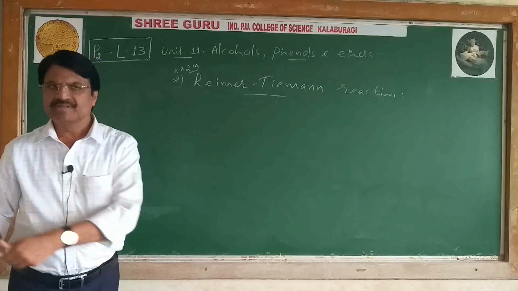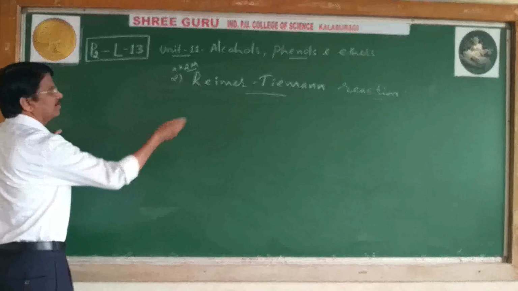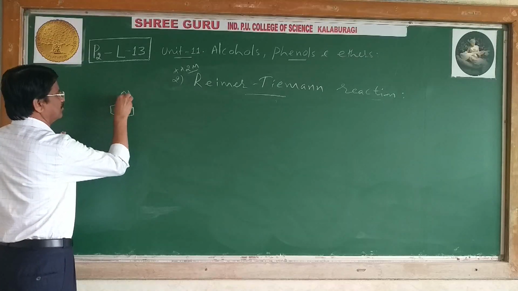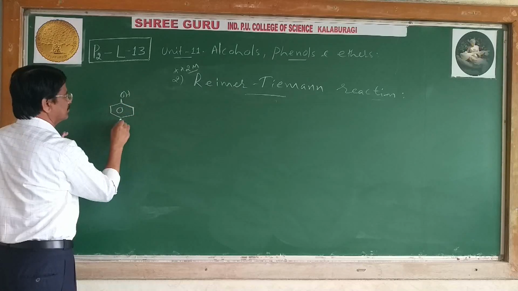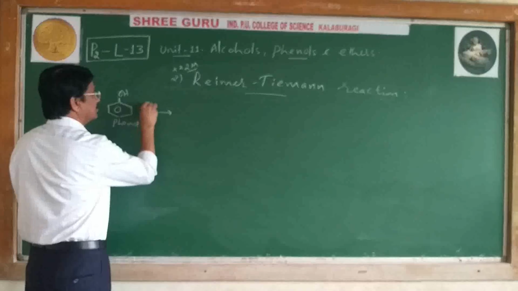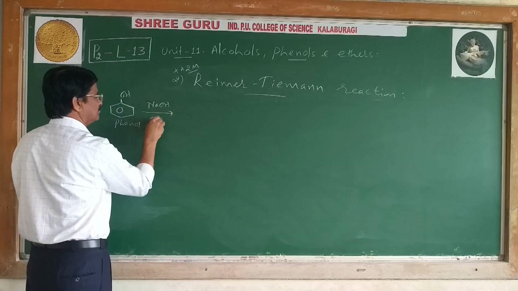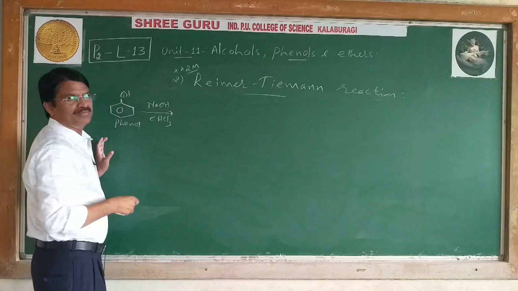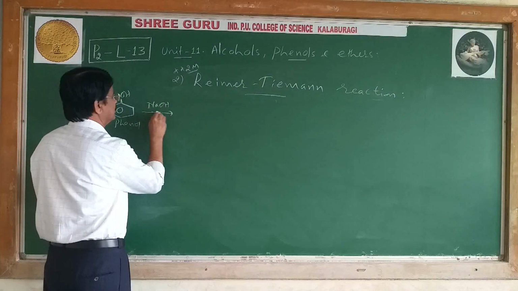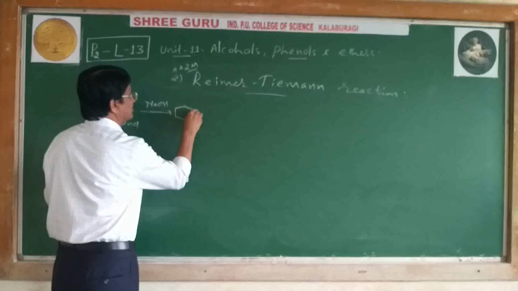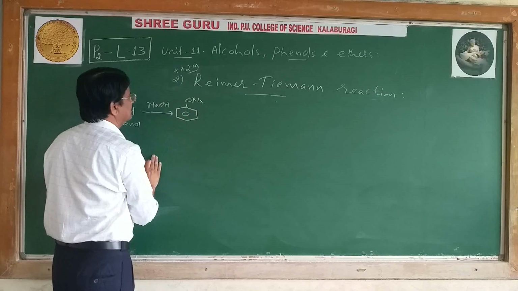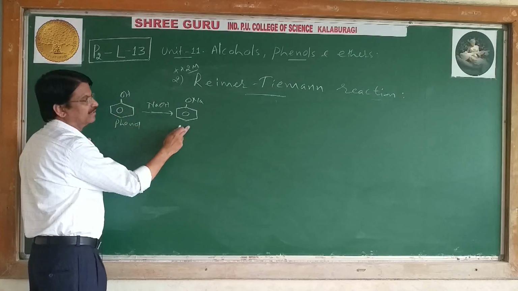Now just see how to write the equation. First you take phenol, made to react with sodium hydroxide and chloroform. But actually first it gives ONa, phenol to sodium phenate.